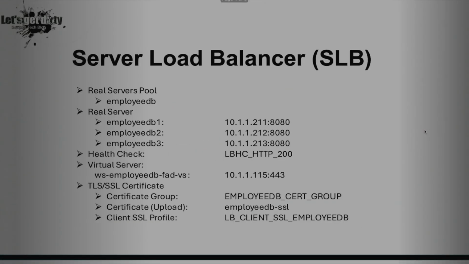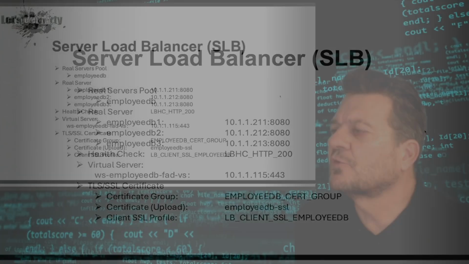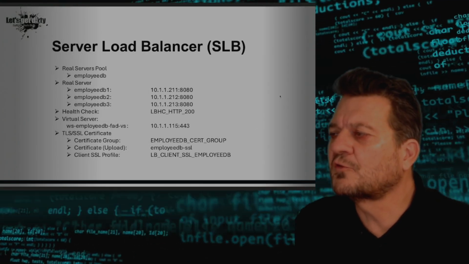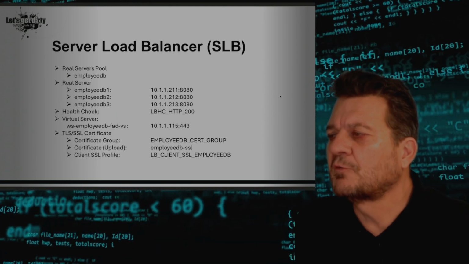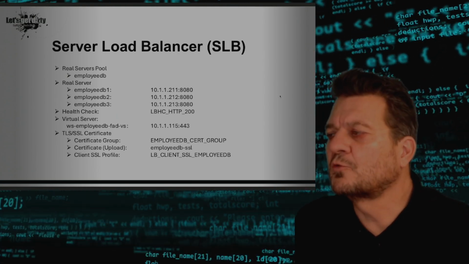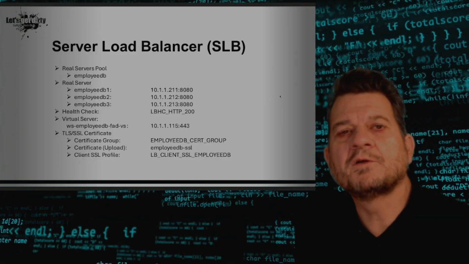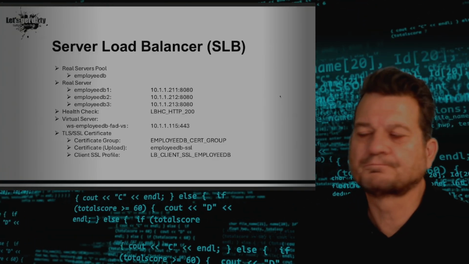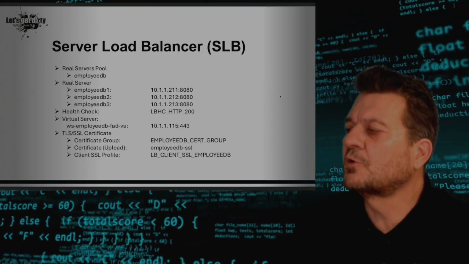If we go into details, we see the server load balancer configuration. And these are the components we need to configure. So we have already seen the real server pool, employee DB. We have the real servers, employee DB1, 2, and 3. They are already deployed, so we only have to configure the FortiADC part for them. And we configure the health check.